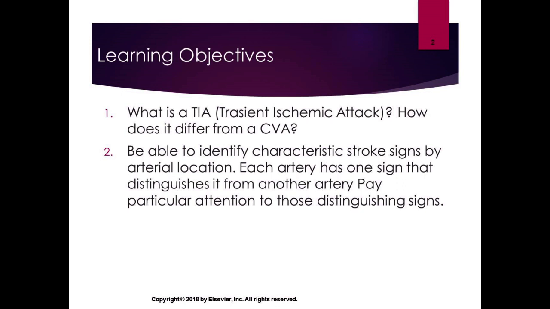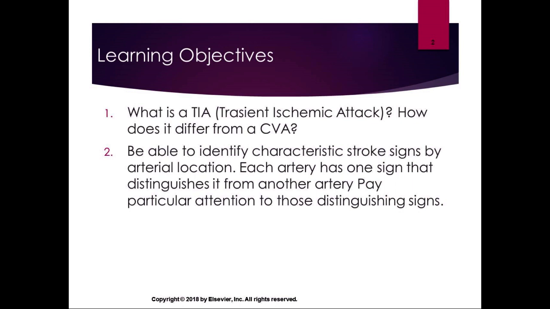There might be signs and symptoms common between all the arteries. With several of them you could end up with hemiplegia or hemisensory loss. A lot of them have similar symptoms, but there's a characteristic distinguishing sign that identifies each individual artery, and to help you, I have them in bold in the PowerPoint.